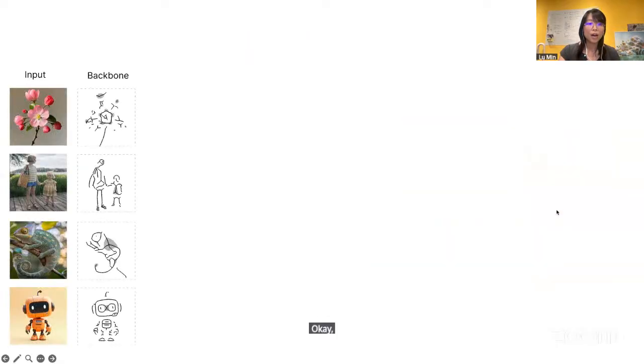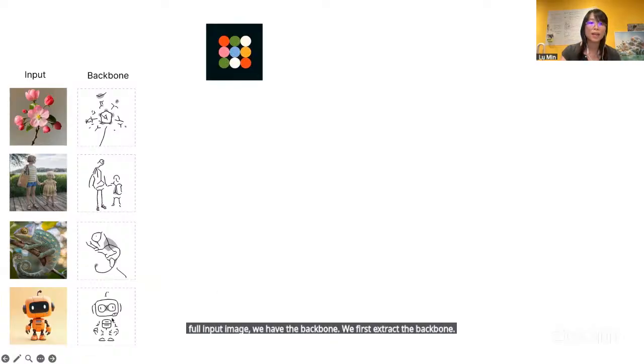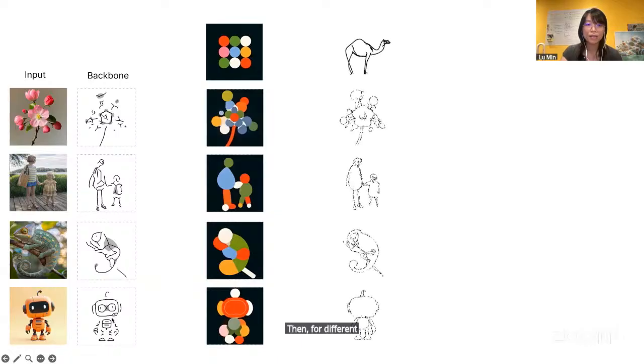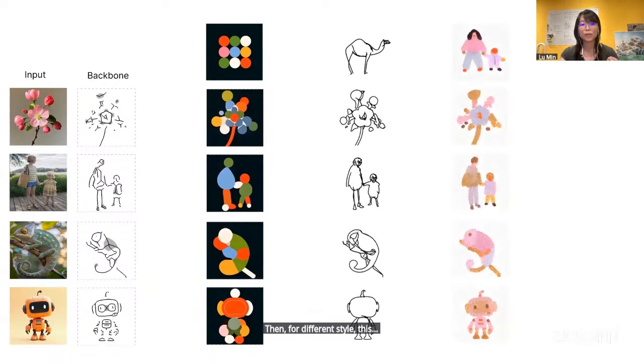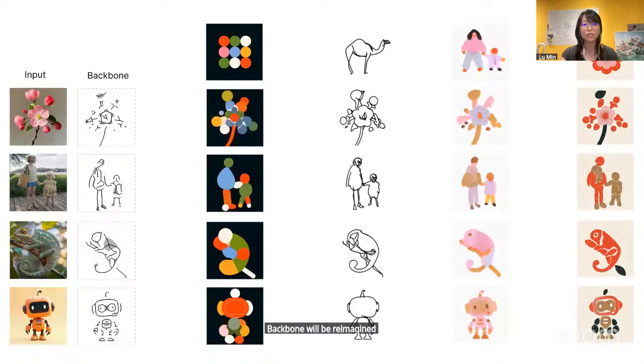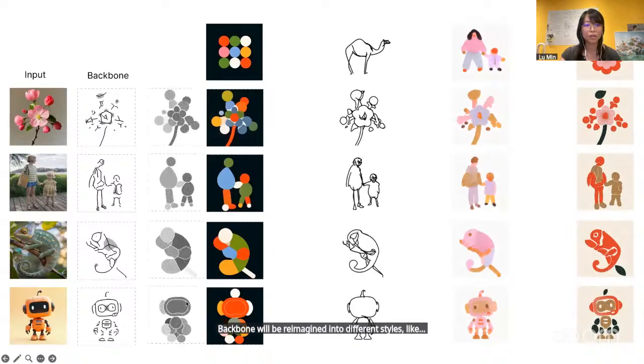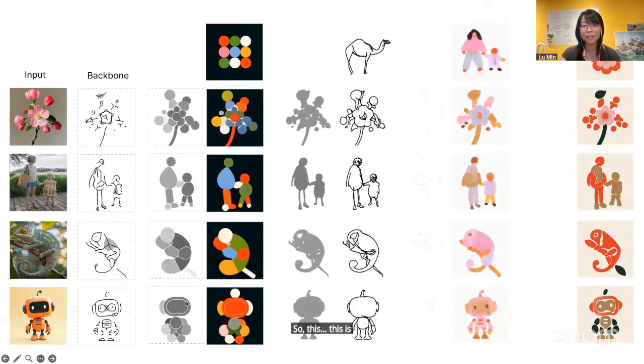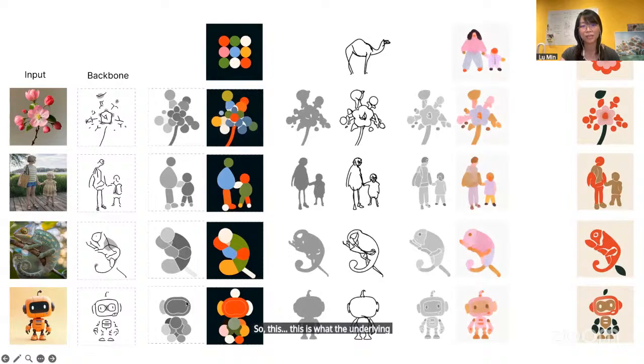Okay, so here I show several different results. For the input image, we first extract the backbone. Then for different styles, this backbone will be imagined into different styles. This is what the underlying proxy looks like.